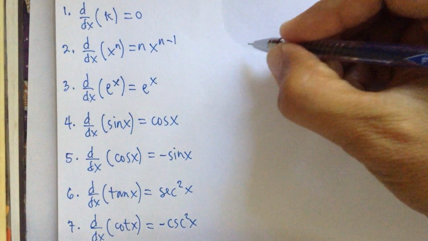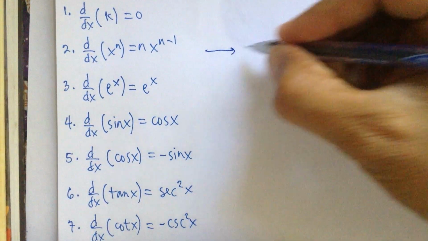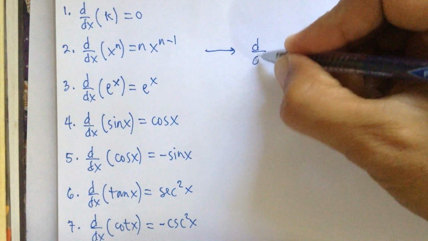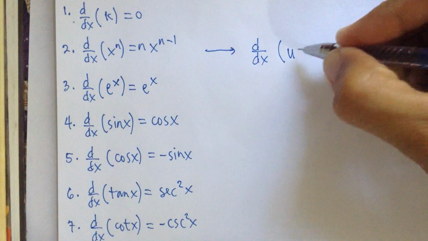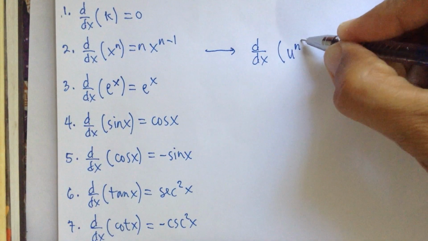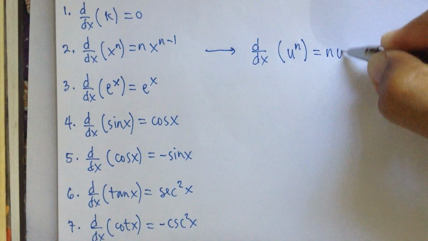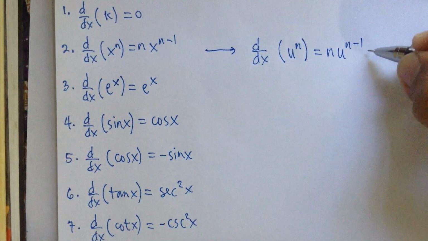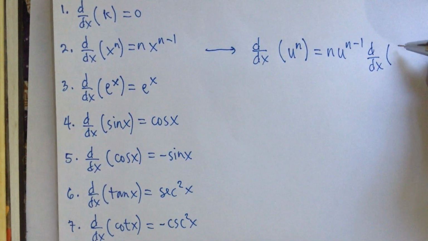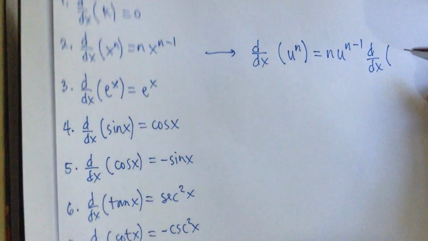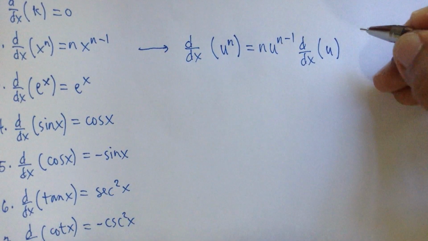But for number 2, the more general formula is now written as the derivative of, instead of x, we have u raised to n, which is equal to n u to the n minus 1 times the derivative of u.